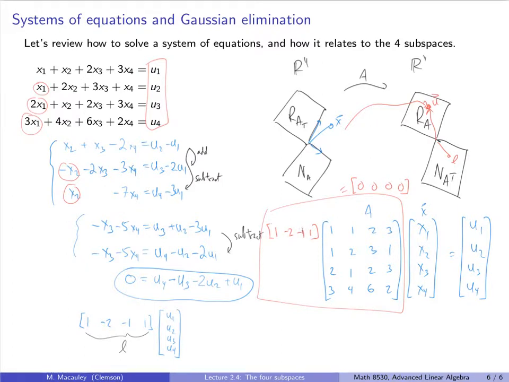If I take one of these, negative 2 of these, negative 1 of these, and one of these, I'm literally taking this linear combination of these rows, and you can check that you get 0, 0, 0, 0, and this vector right here. And let's write this out algebraically.